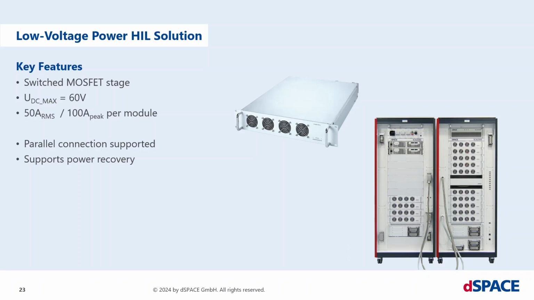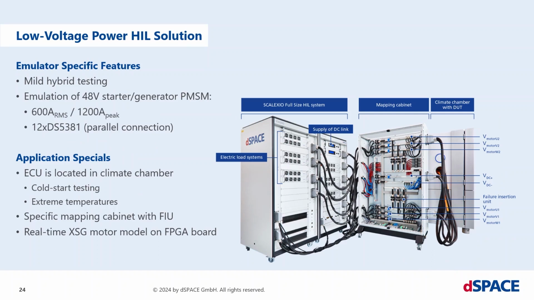An exemplary system, in this case not for the energy sector but for mild hybrid testing, was the emulation of a 48 volt starter generator PMSM. The overall system has a maximum current of 600 amps RMS and respectively 1200 amps peak, and we have in total 12 of these low voltage load modules connected in parallel.